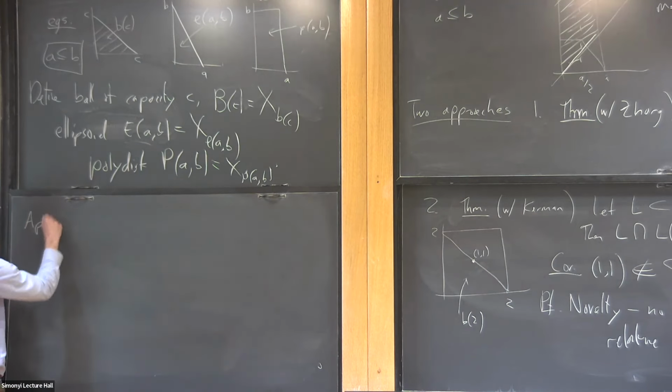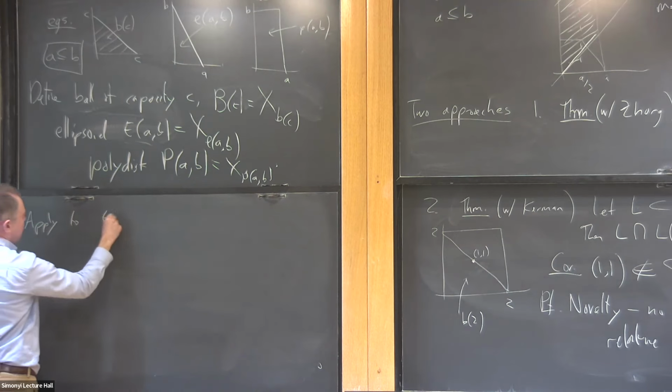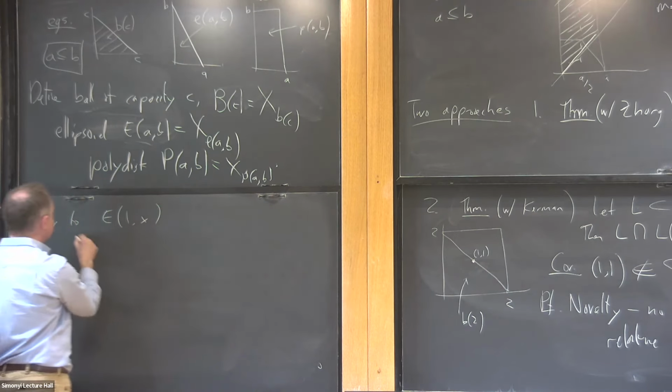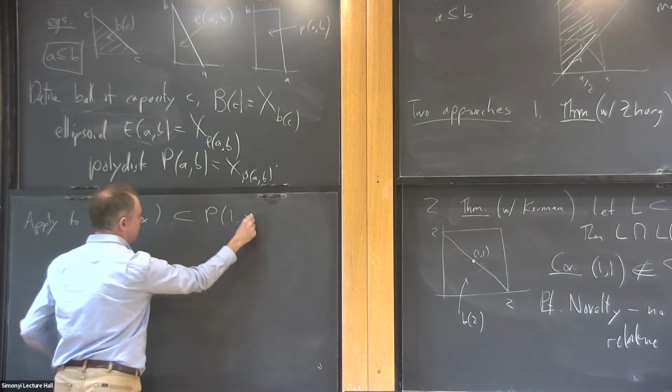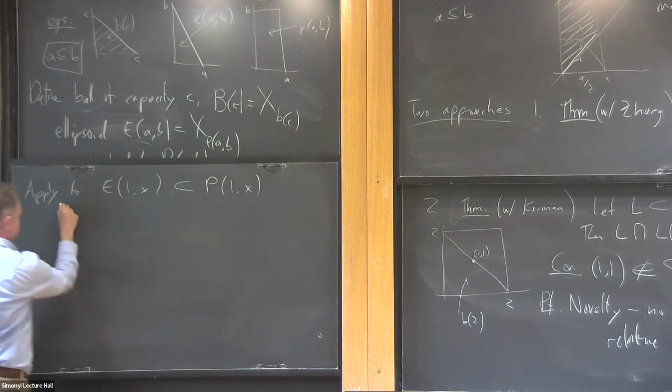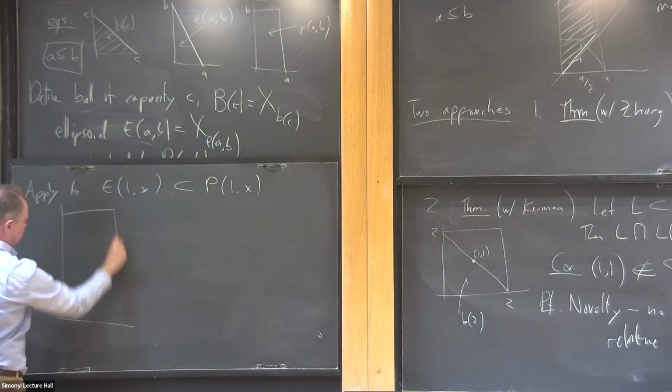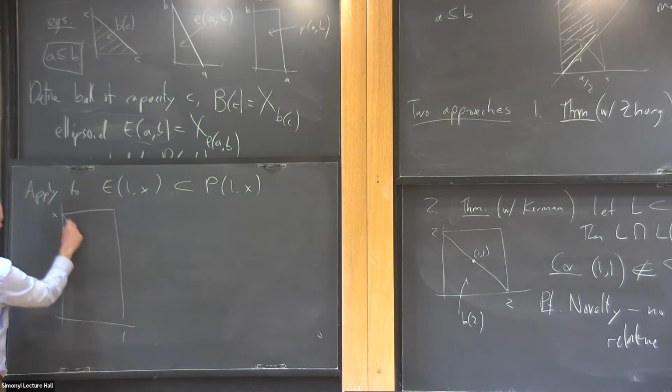So I also want to apply this if we're interested in maybe some E(1,x) sitting inside a P(1,x). That's the ellipsoid.